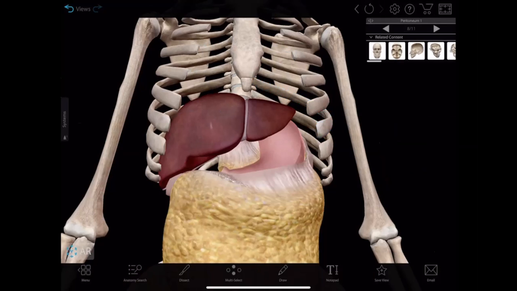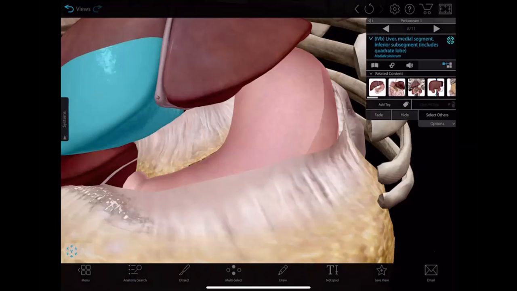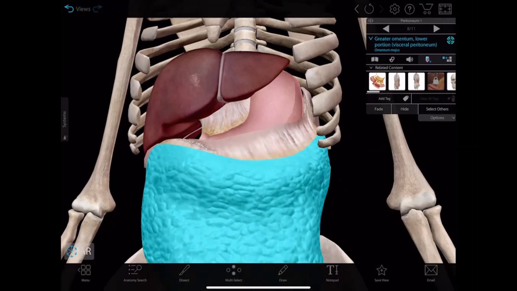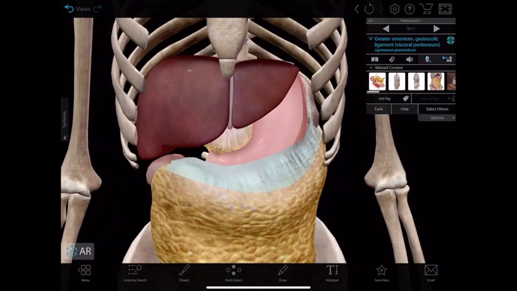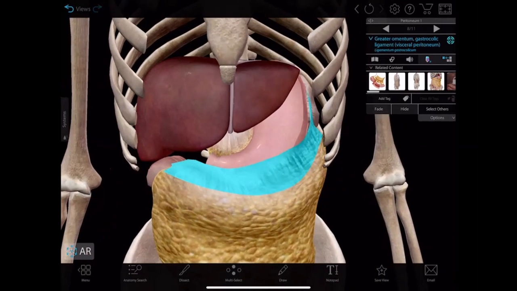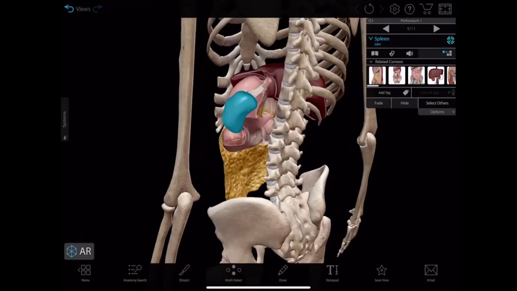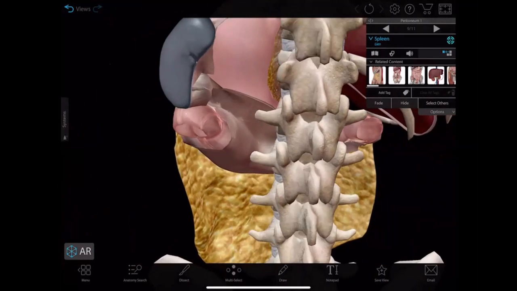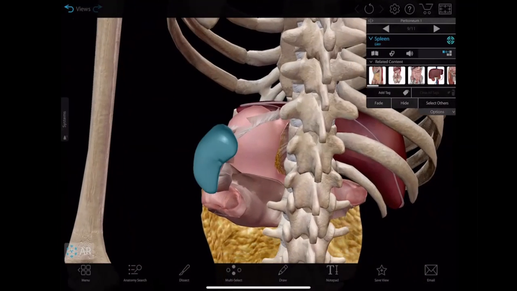So going from stomach to liver is lesser omentum, and this hanging down is greater omentum, and this one covering the omental part on the colon is gastrocolic ligament, right? That is the spleen, right?